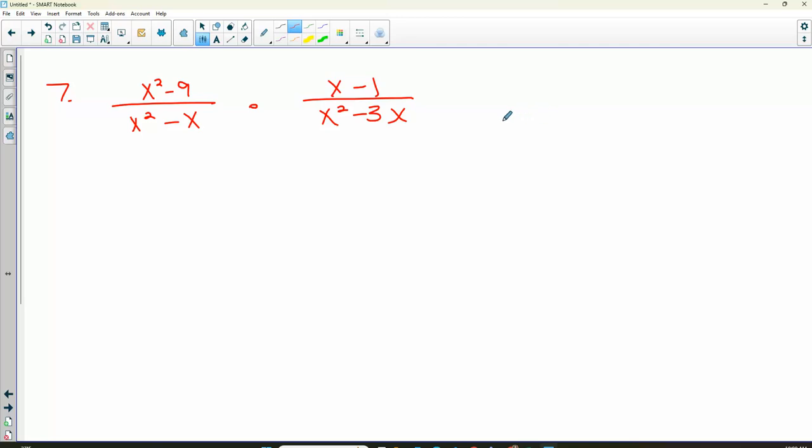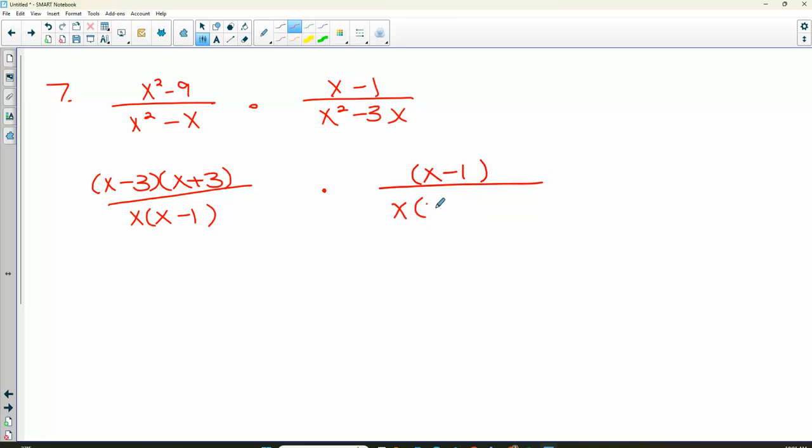So it's easier to factor first and see if anything reduces than it is to multiply it all out and try to factor a complicated answer. So x squared minus 9, how does that factor? Okay, x squared minus x, what can you do? All right, over here we just have x minus 1, that doesn't factor. X squared minus 3x, you can take out an x.